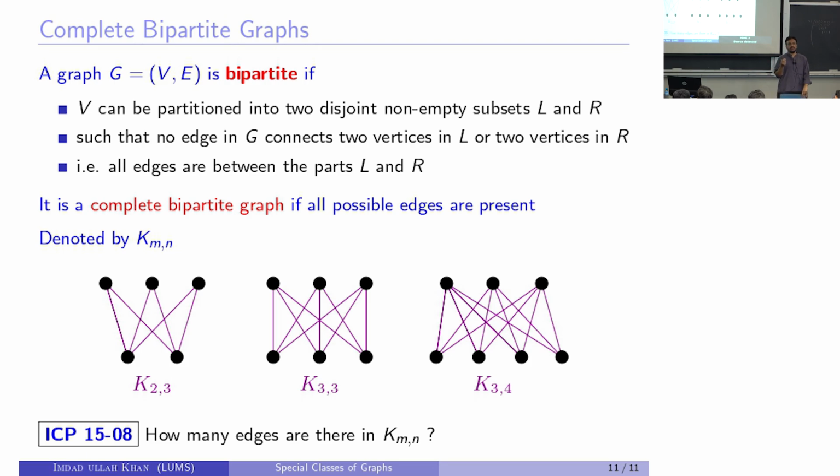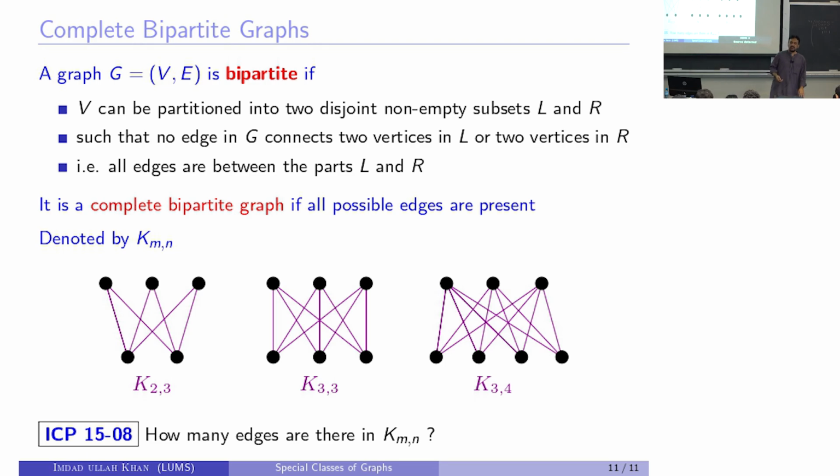What's the dictionary meaning of this? It is a bipartite graph on m plus n vertices, where m are in one part and n are in the other part, right? And it is a complete bipartite graph, so all possible edges are present, right?